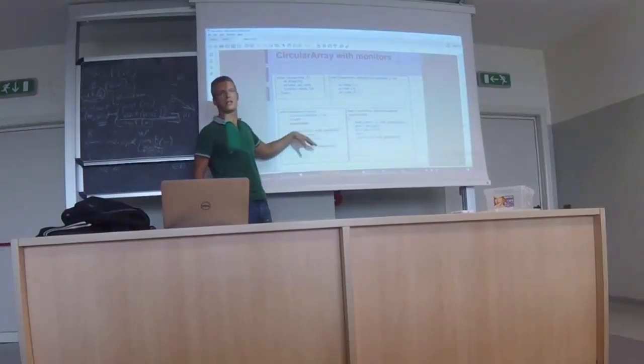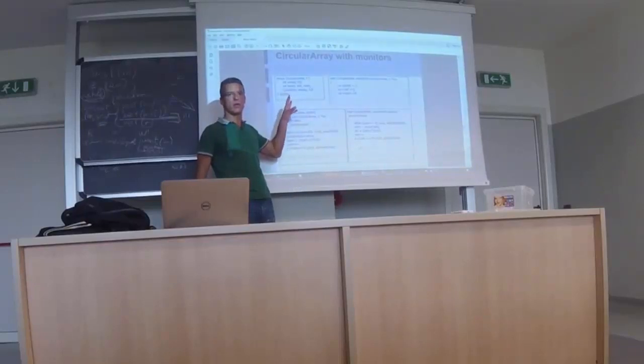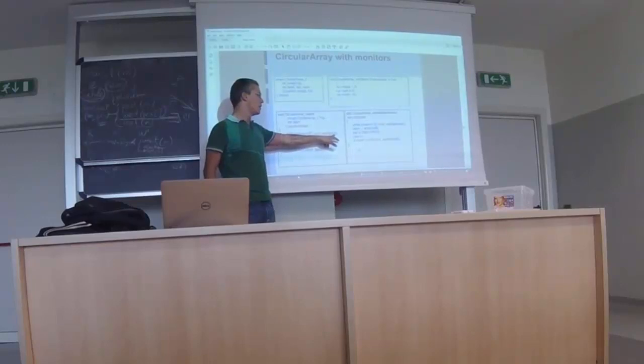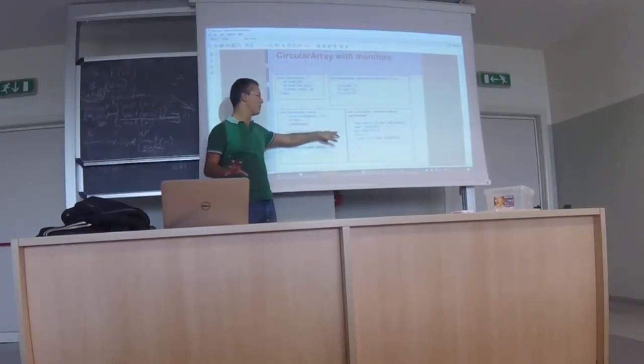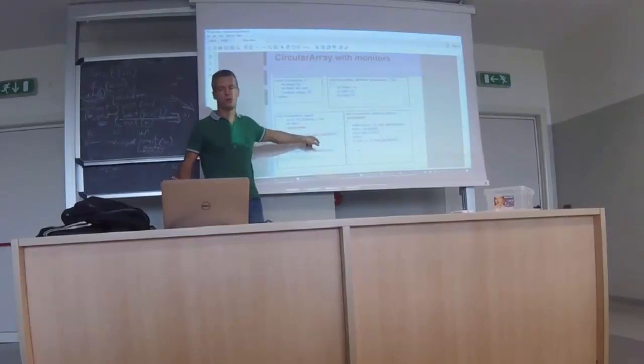You don't see the mutex here, it's just the intrinsic semantics of monitor languages, if there is a support of this kind. So if someone else takes the mutex in between, I will need to check again whether the queue is full or not.